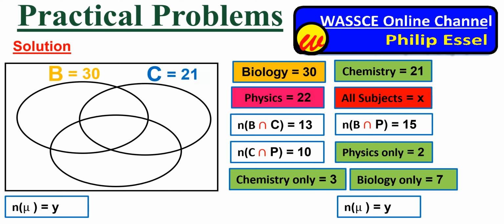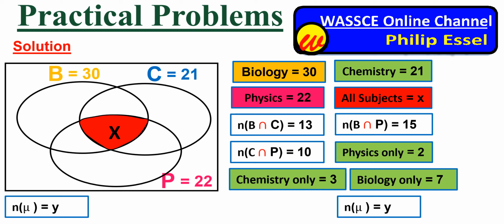The circle at the bottom represents physics students, so we represent this by P equals 22. Those who read all three subjects were represented by x. So let's first identify that region and write the value x in that region. So this region colored red is the region that represents students who read all three subjects, and we have represented it by the variable x.